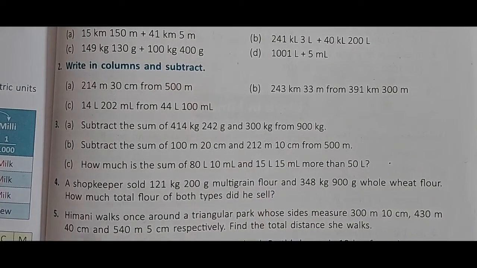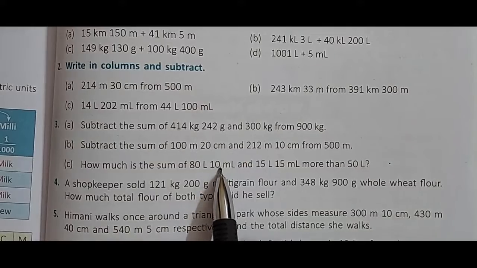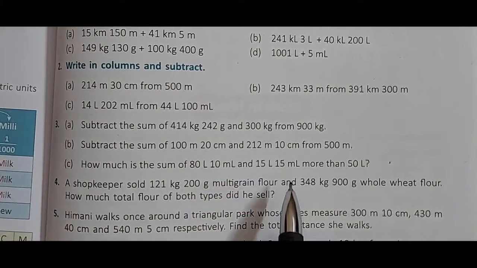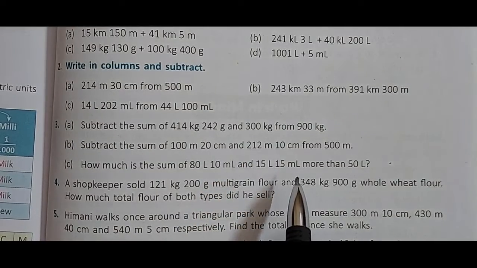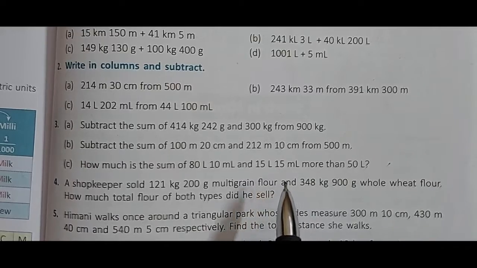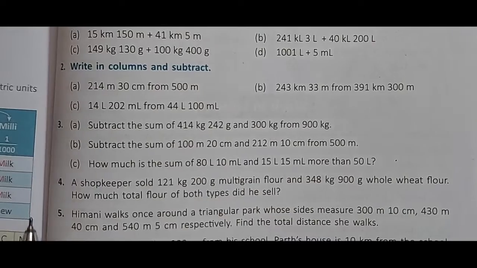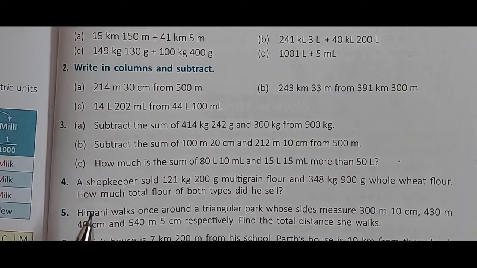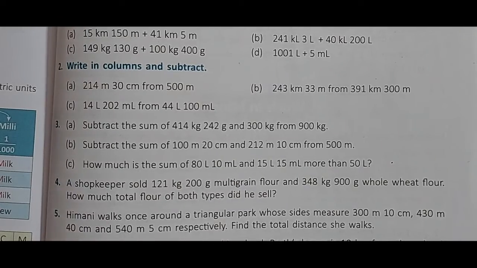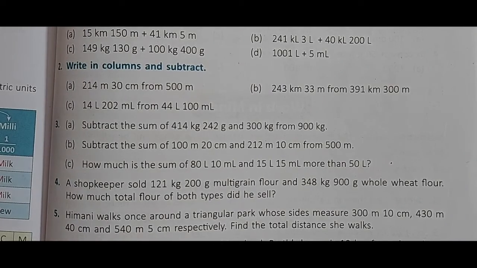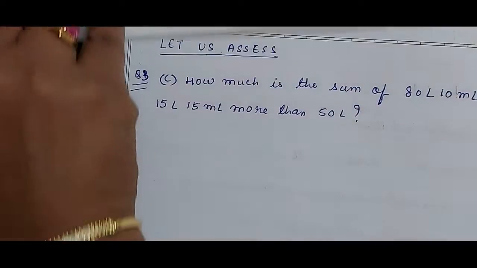Here also the same thing, we have to take out the sum of 80 liters, 10 milliliters and 15 liters, 15 milliliters, and then you have to subtract it from 50 liters, because you have to find out how much the sum is more than 50 liters. Okay, let us do this question.